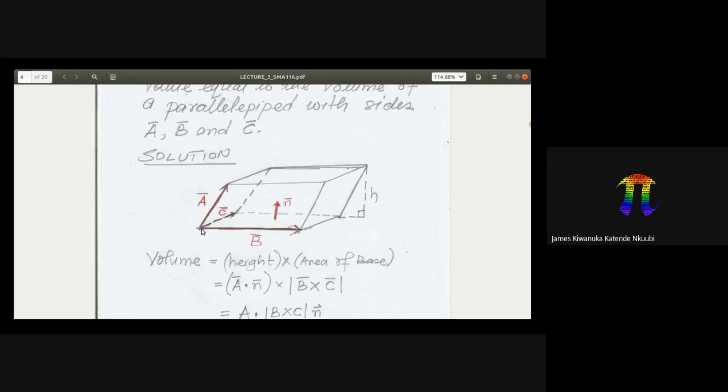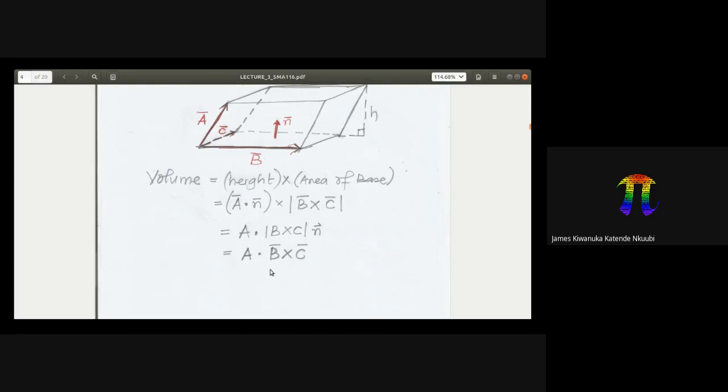But if they form a left-handed system, then this normal will be in the opposite direction. So what will happen is that this thing will change sign. It will be negative now. And the area usually is not a negative number, so that's why you have to get the absolute value. The only thing that will change is the sign. So for you to get the area, you get the absolute value of this quantity.